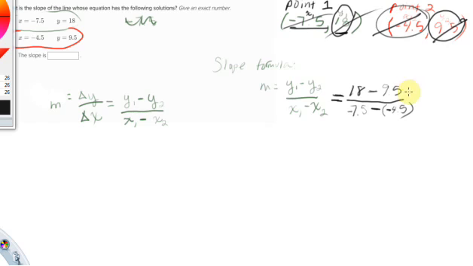I'm going to change my subtraction to plus negative. And here I have a negative times a negative, so this will become a positive, and I can rewrite this simplified down here.